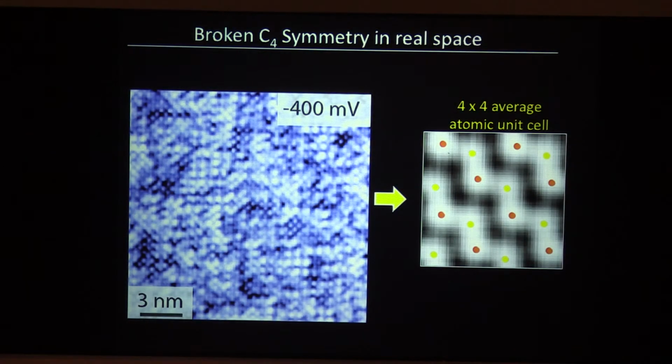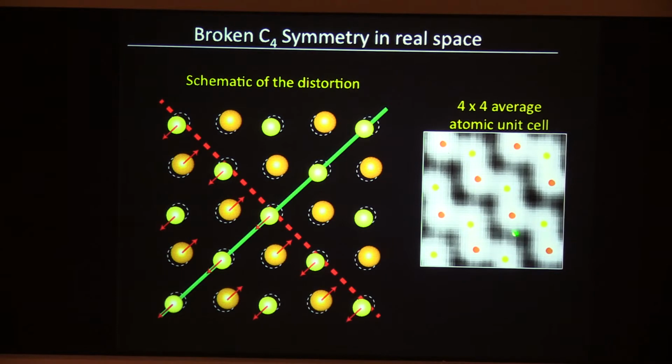But you can also look with your eyes. It's hard to see from here. If you could see the data, I would point out to you areas where you can see with your eyes. But there's a better way. We can construct an average unit cell of this data set, meaning you just average all the unit cells in this sample. And if you do that, it looks like this. And now you see clearly the zigzag pattern.